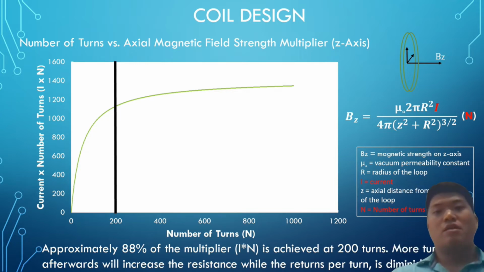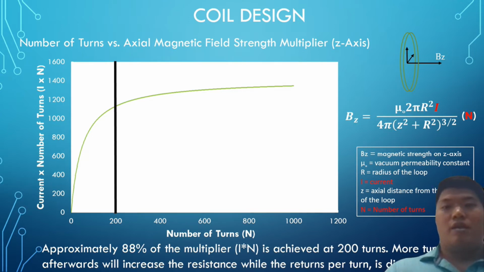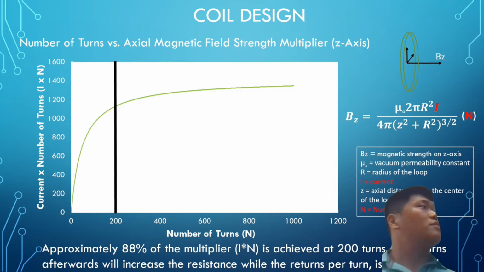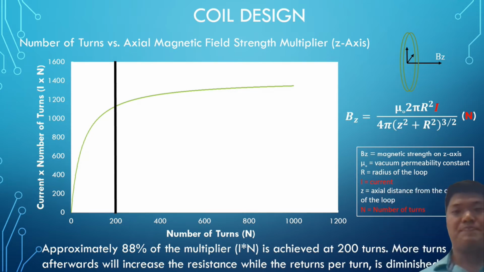And because the current is also a function of the number of turns, because the more turns you have, the higher your resistance is going to be, but it also results in a higher multiplier, I was able to plot the Ni against the number of turns.